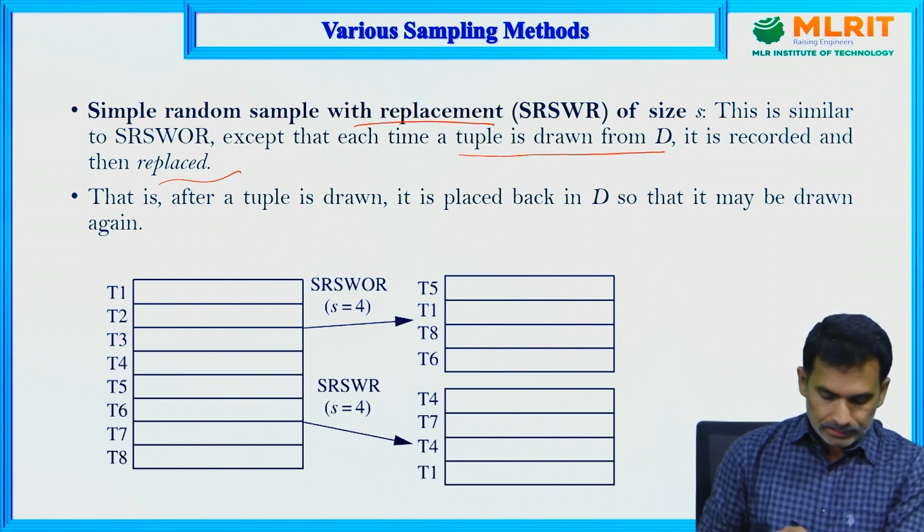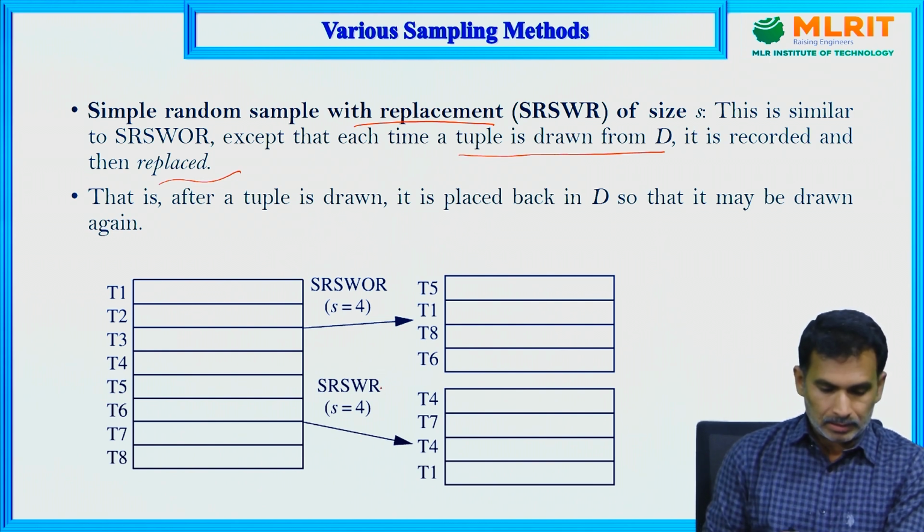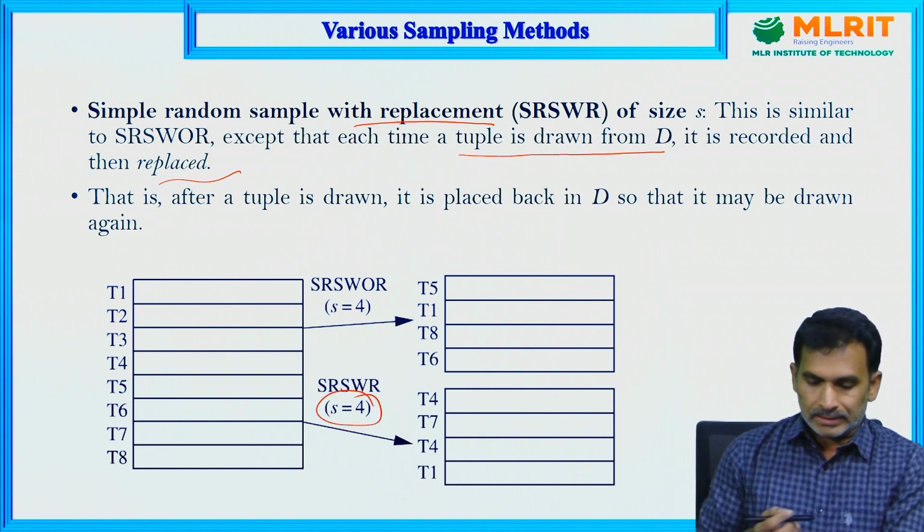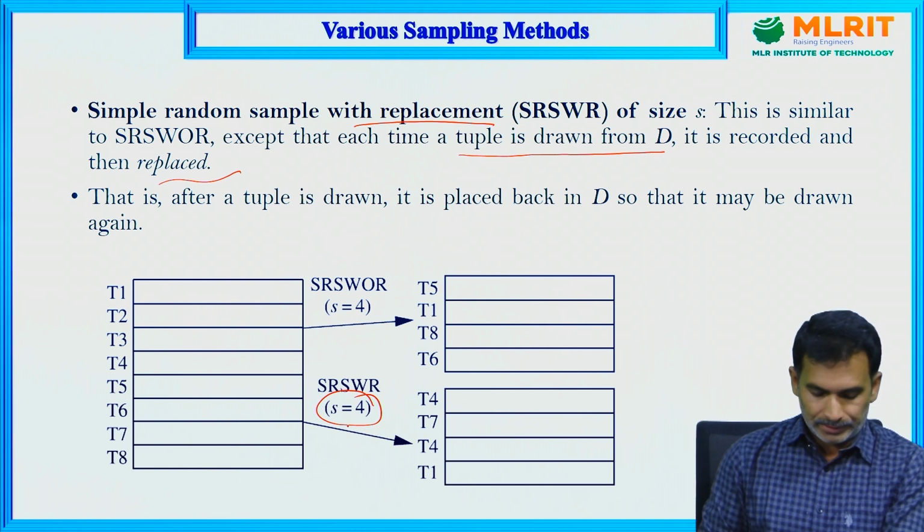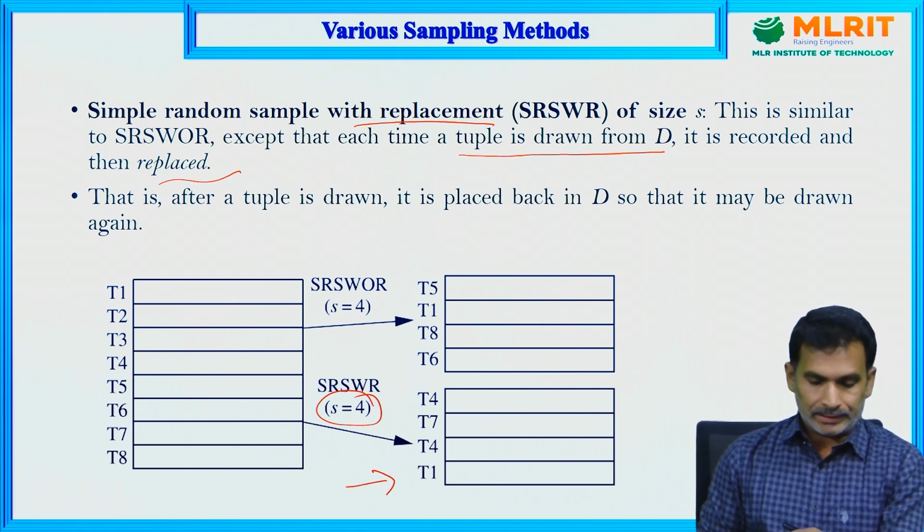Here 4 tuples have been selected, so the sample size is 4.